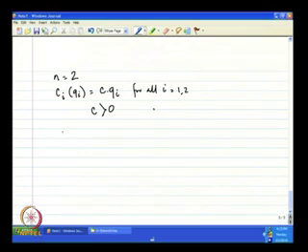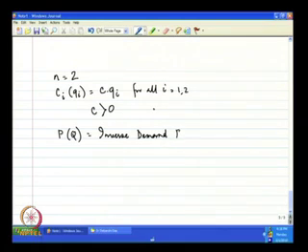And we are going to assume that P, the inverse demand function, takes a very simple linear form.